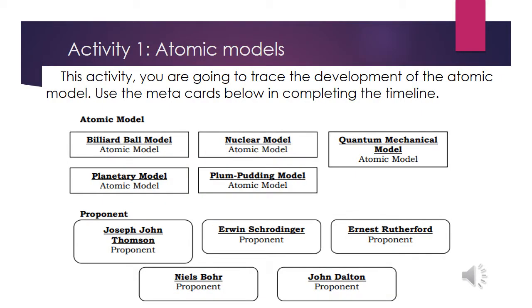Nakasulat dito ay ang iba't ibang atomic model, gaya ng billiard ball model, planetary model, nuclear model, plum pudding model, quantum mechanical model, at ang mga proponent ng mga nasabing model, gaya ni Joseph John Thomson, Erwin Schrödinger, Ernest Rutherford, Niels Bohr, John Dalton.